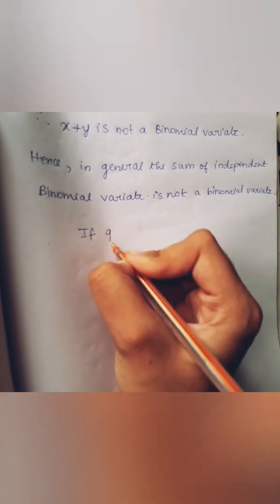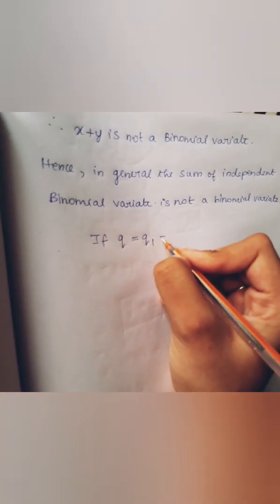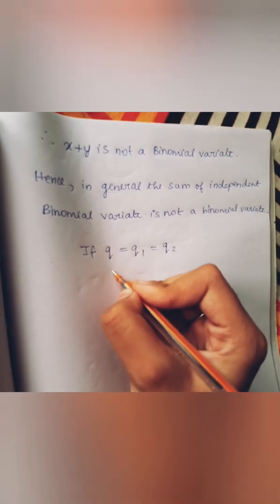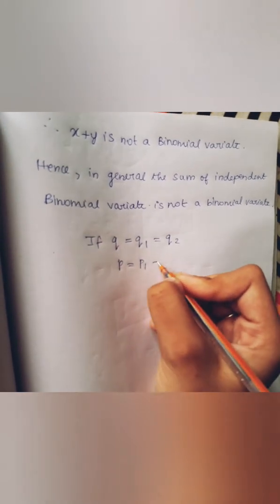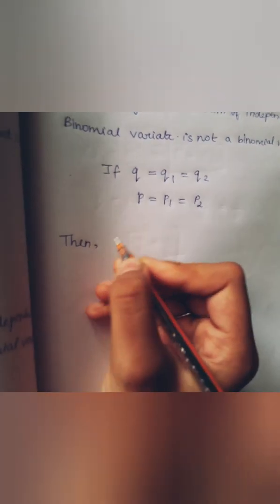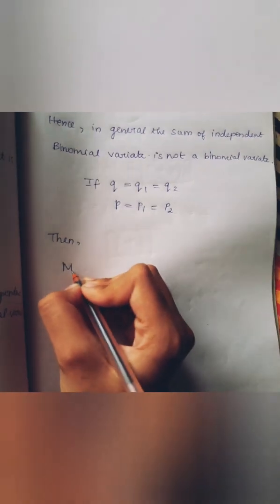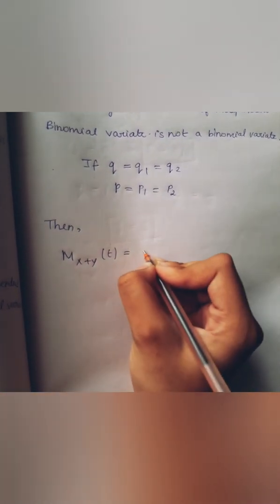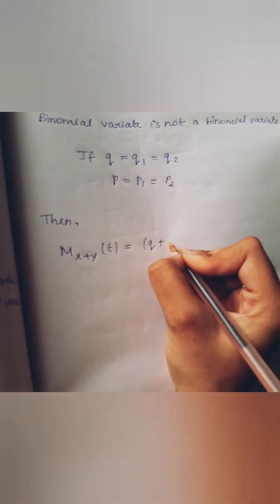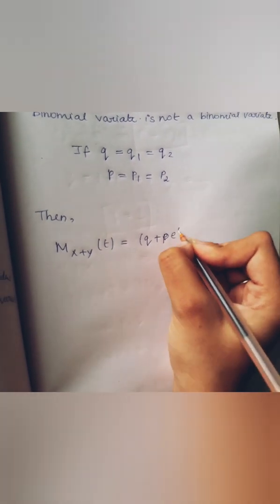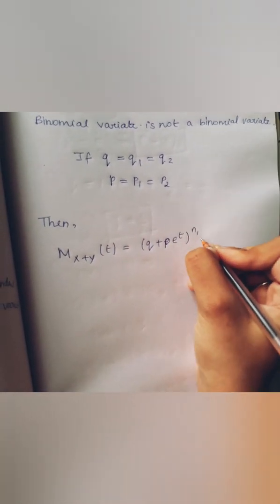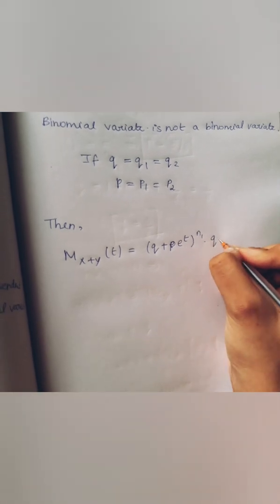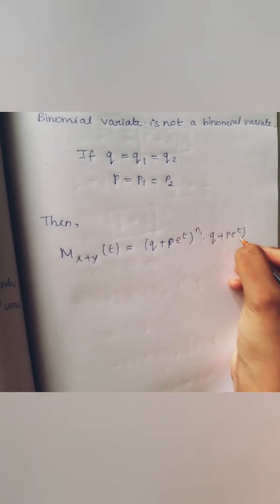So if q is equal to q1 is equal to q2 and p is equal to p1 is equal to p2, then M X plus Y of t is equal to (q plus p e power t) whole power n1 into (q plus p e power t) whole power n2.